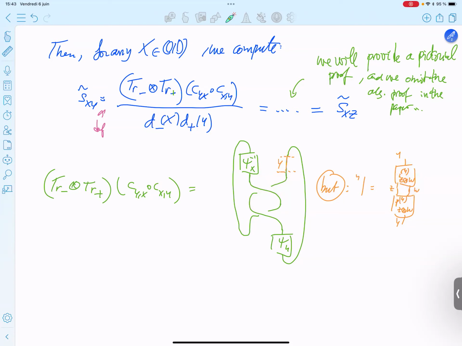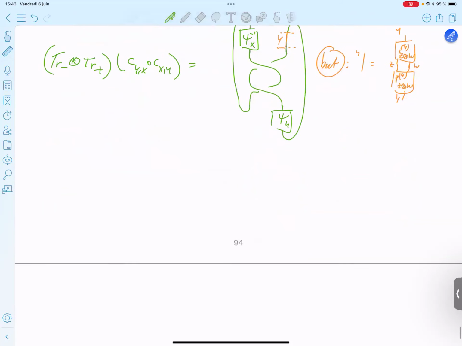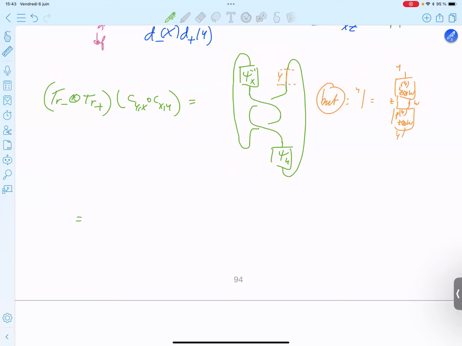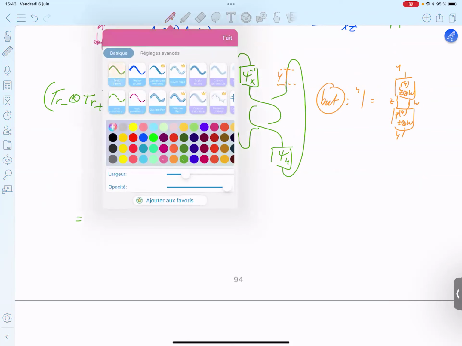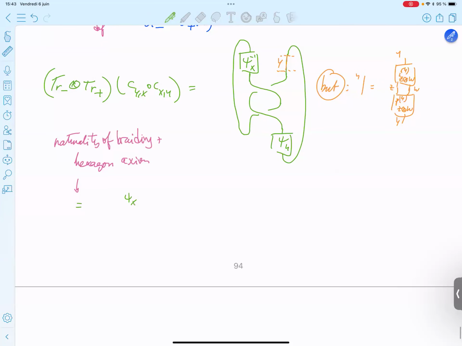So you will also automatically develop it by the hexagon axiom. So if you apply both, you get, so this is equal to, here you apply naturality of the braiding plus hexagon axiom, you get something like that. So phi, so this is unchanged.